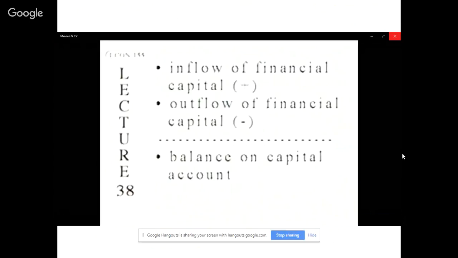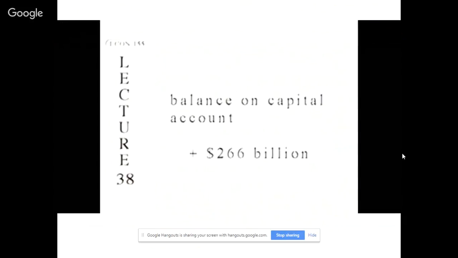So what is the balance of the capital account? Well, all you need to do is add up these two: inflow of financial capital minus outflow of financial capital. That'll be the balance of the capital account. Simple. In our case, the balance of the capital account is 266 billion.